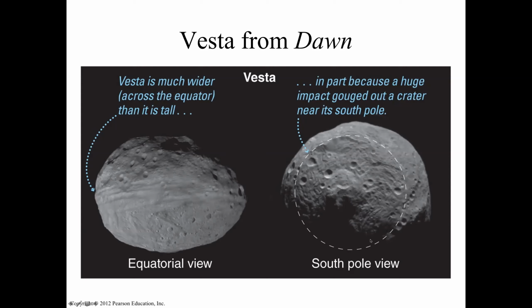When you're looking at it from the south pole, you can see that there is leftover material from an impact that happened to this asteroid. So again, they could have different shapes. Any asteroid is different from another. They are not the same at all.